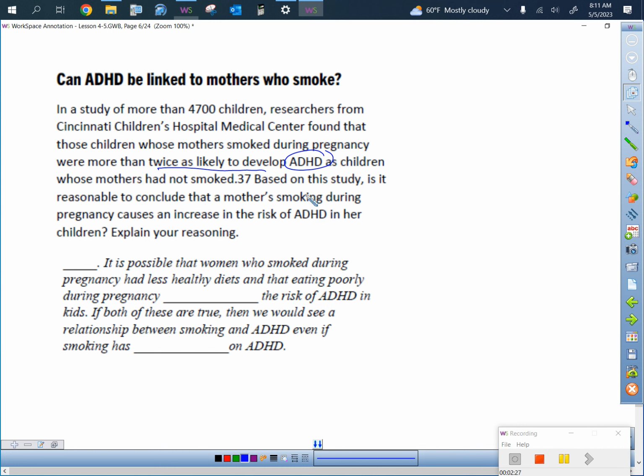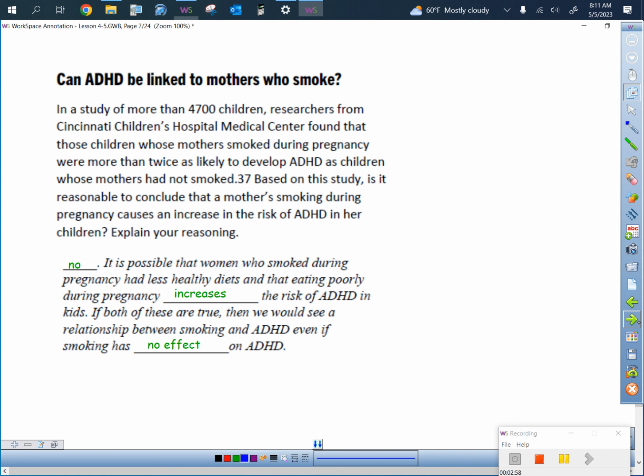Based on this study, is it reasonable to conclude that a mother smoking during pregnancy causes an increase in the risk of ADHD in her children? Explain your reasoning. Well, here's the real question: is that the only thing you think could have caused the ADHD, or could there be other scenarios? There are definitely other things that could have caused it. So we will say no to this.